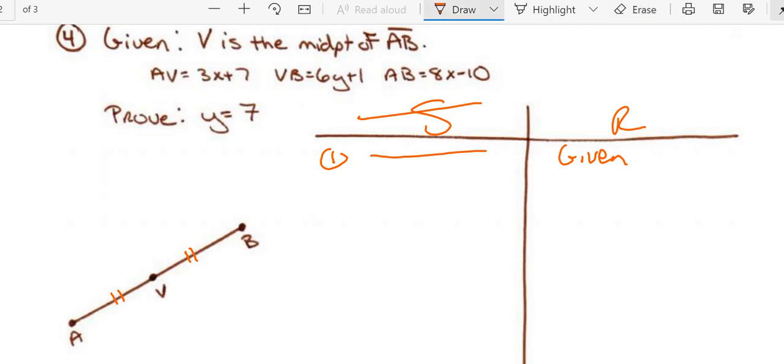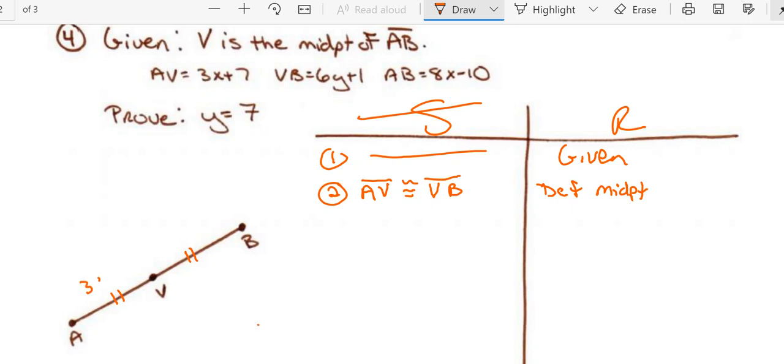And again, it says that V is a midpoint. So for 2, we're going to say AV is congruent to VB. That's the definition of a midpoint, because that's what a midpoint does. It splits a segment into two congruent parts. Then we can go ahead and write in the information.